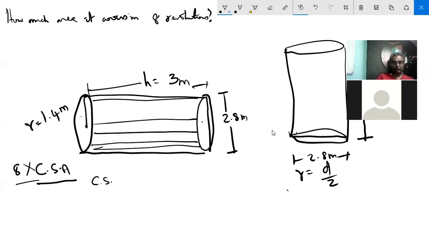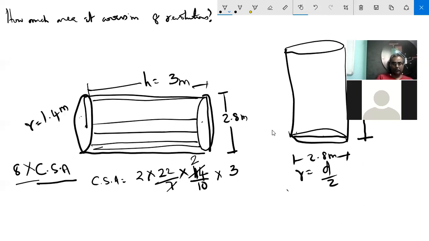Very good. 2 into 22 by 7. R is 1.4 meters, I'll write 14 by 10. H is equal to 3 meters. Inside 14, 7 will go 2 times.